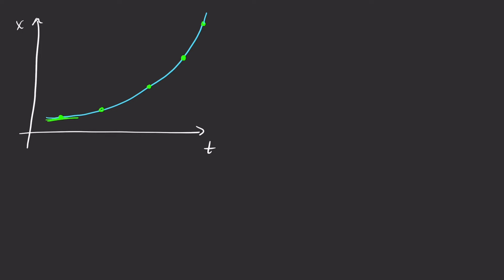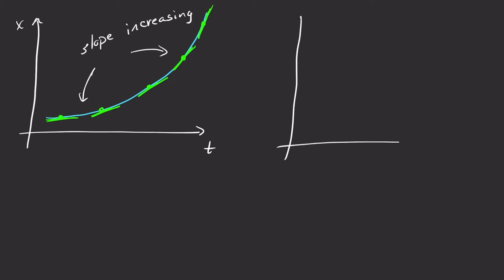Well, the slope, or a line that would just touch at one point, starts off with a really small slope. And then as we move from point to point, our slope is increasing. Okay, so the first thing to notice is that the slope is increasing. Well, since the slope represents our velocity, that must mean our velocity is increasing.